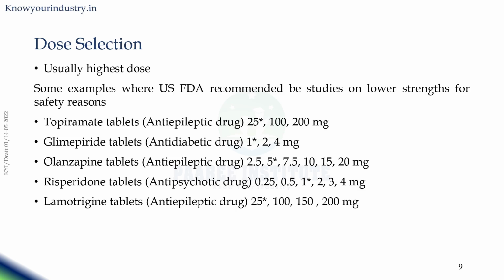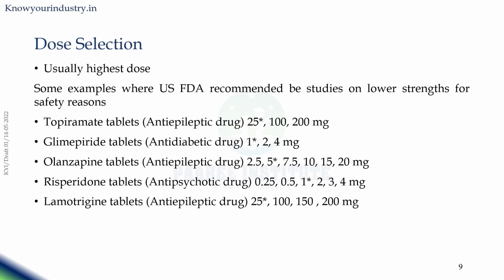Here are some of the examples recommended by the US FDA for bioequivalence studies. For example, for topiramate tablets, the lowest strength of 25 mg is recommended against the highest strength of 200 mg. Then glimepiride tablets, because it has potent anti-diabetic activity.